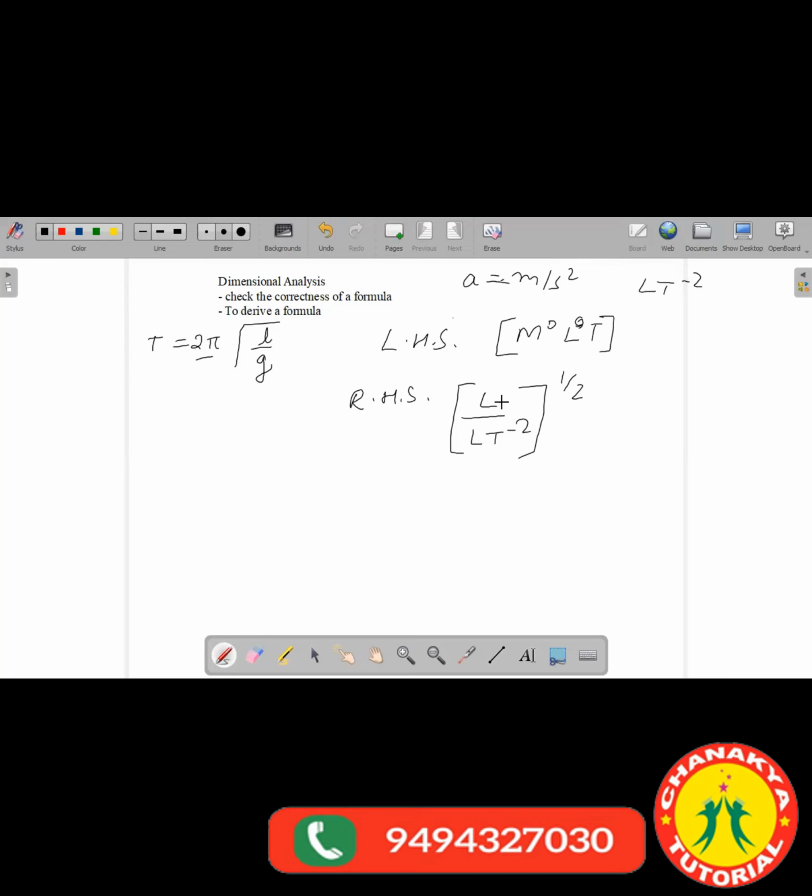Now if we simplify this, L and L cancel. I get T to the power 2 under the square root. T has the power minus 2 in the denominator, it goes to the numerator with the power plus 2, and the whole thing has the power 1 by 2.